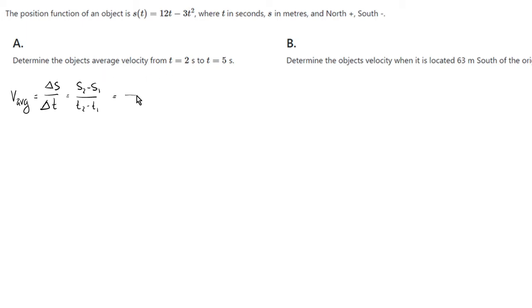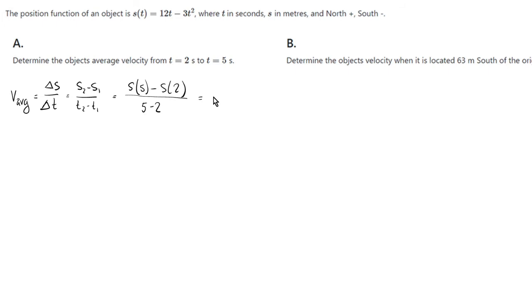So in the numerator, the two time points are 2 and 5 seconds. So it's going to be s of 5 minus s of 2, divided by 5 minus 2.